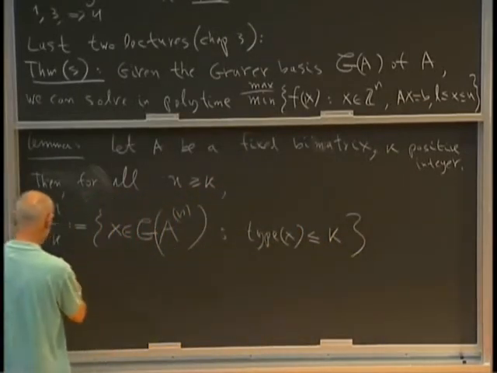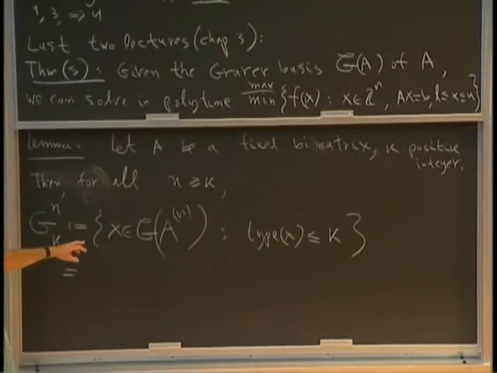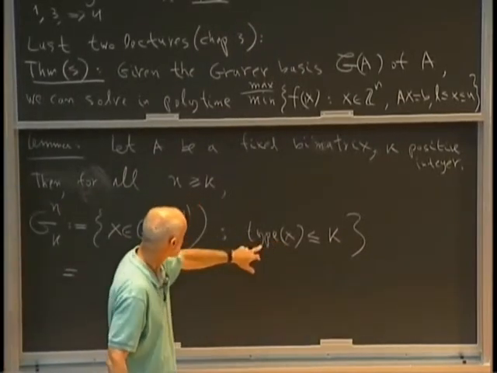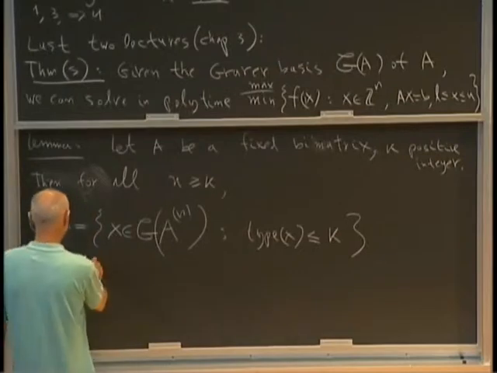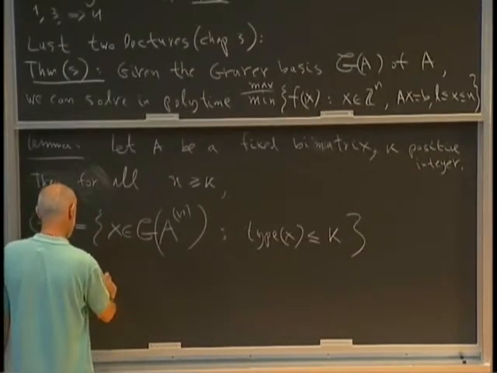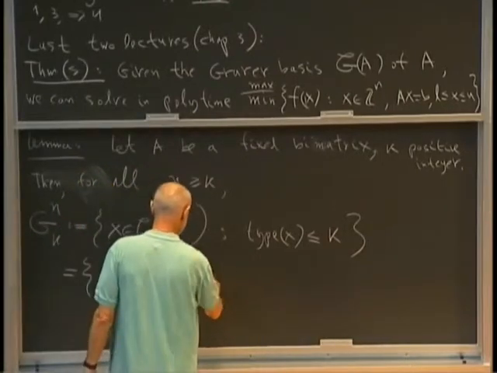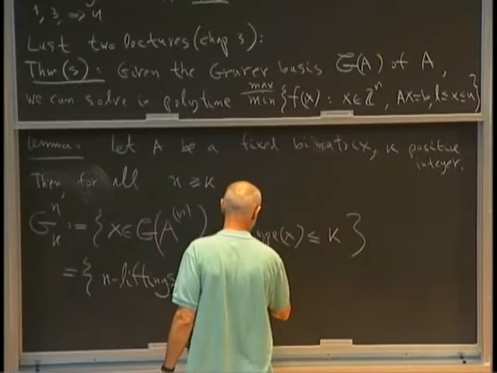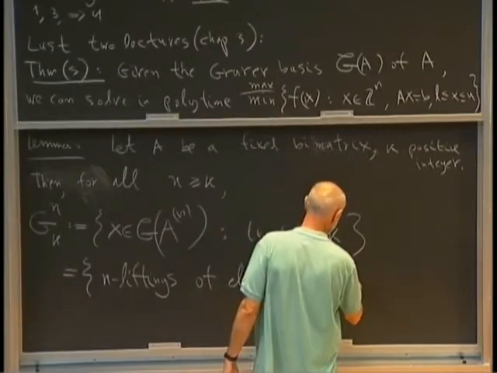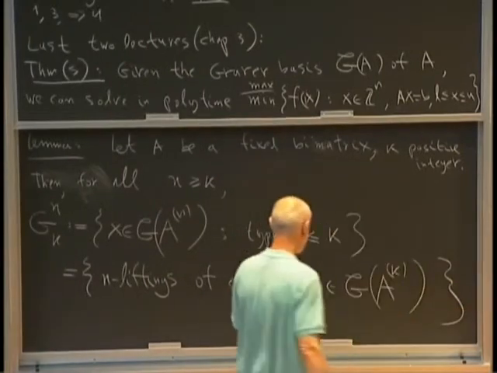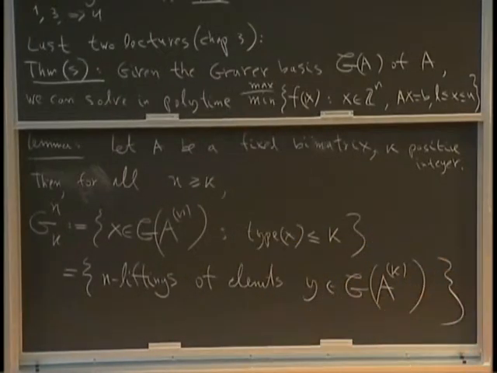I'm going to look at the set of vectors in the Graver basis of the n-fold product which have type less than or equal to K. And this is going to be exactly the set of what I call n-liftings, and I explain this, of elements y in the Graver basis of the k-fold product of A. Let me just see that I got it right and didn't skip anything here.